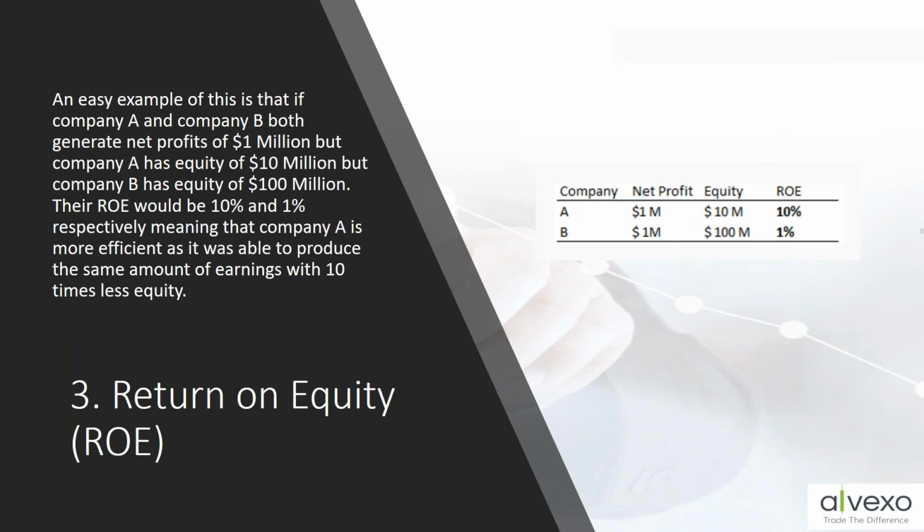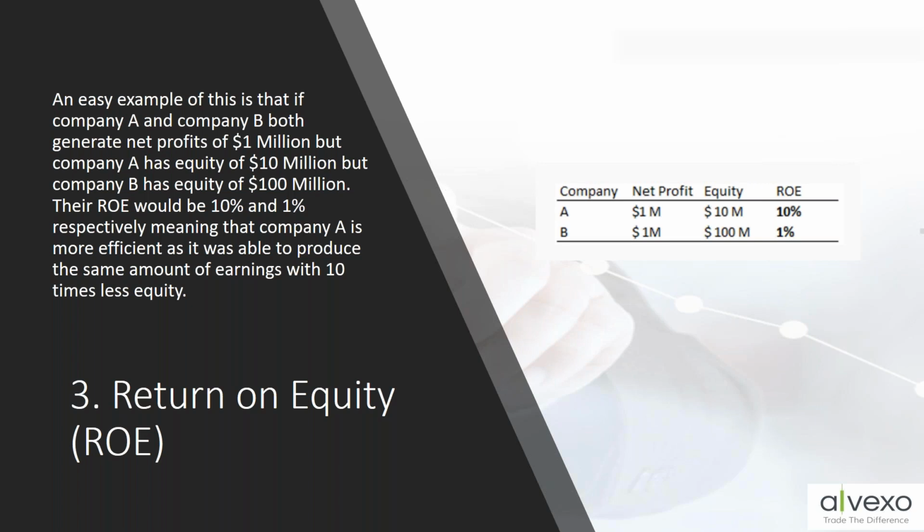these. An easy example of this is that both Company A and Company B generate profits of $1 million. But Company A has equity of $10 million, while Company B has equity of $100 million. Well, if you have $100 million in equity, you should be generating a lot more than $1 million in profit.